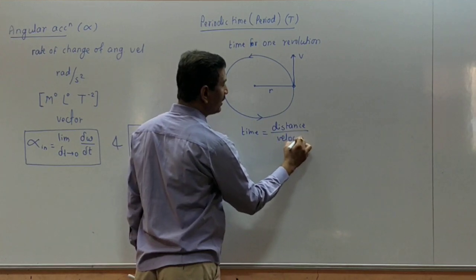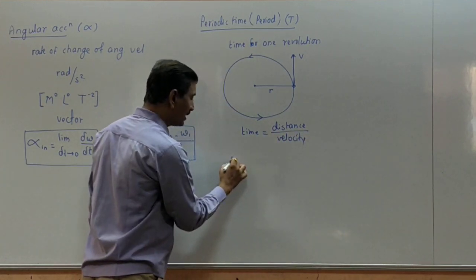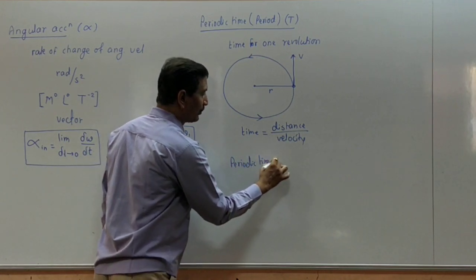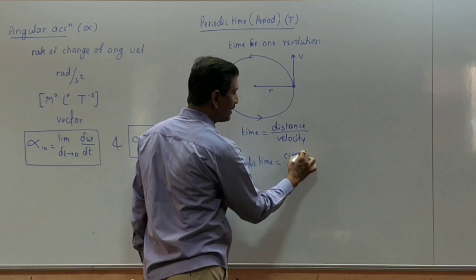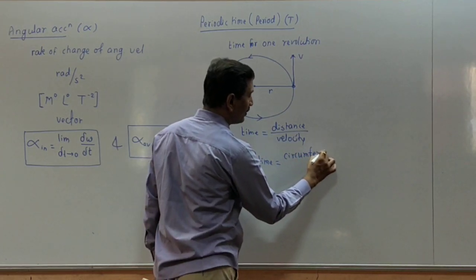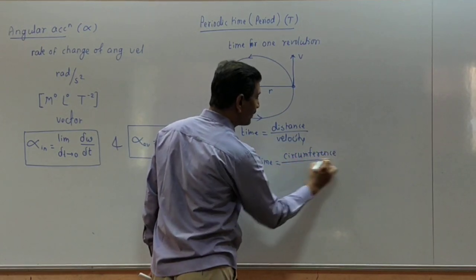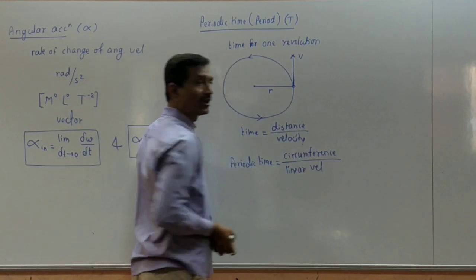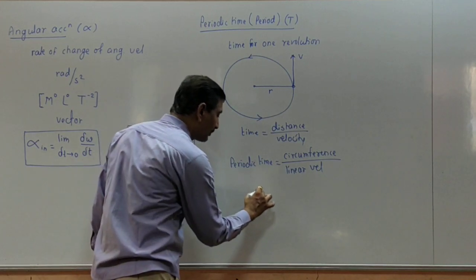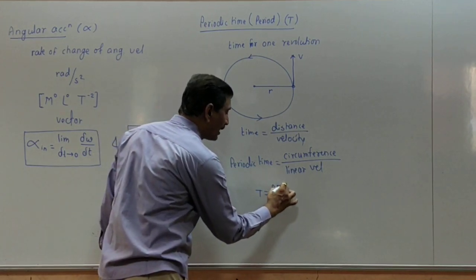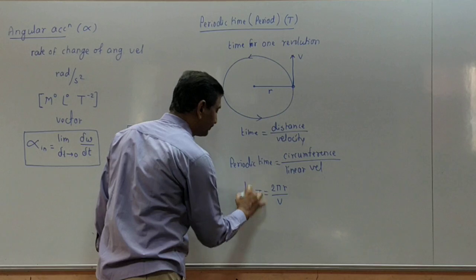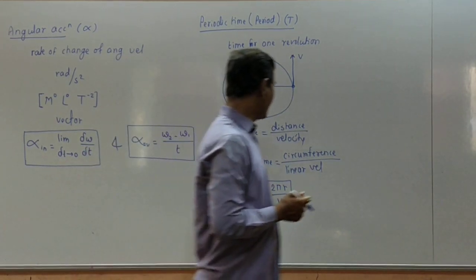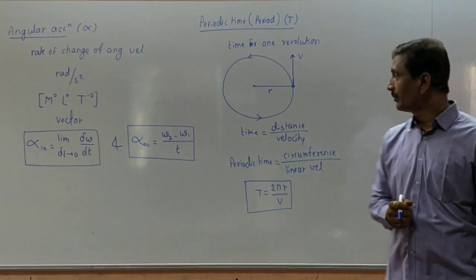In this case, periodic time is equal to circumference upon linear velocity. So in symbol we get capital T is equal to 2 pi r upon v. So this formula for the periodic time is T is equal to 2 pi r upon v.